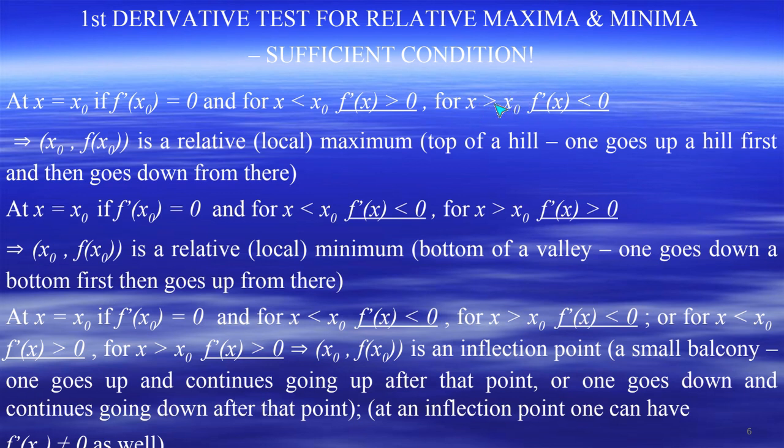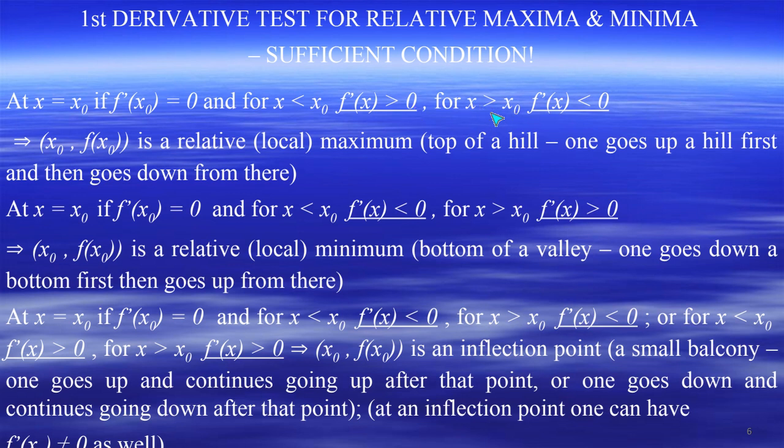Then for x greater than x0, the first derivative is negative. It means we first go up, then come down at this very point, x0. For x less than x0, f prime x is greater than 0, so the function goes up, it is increasing.